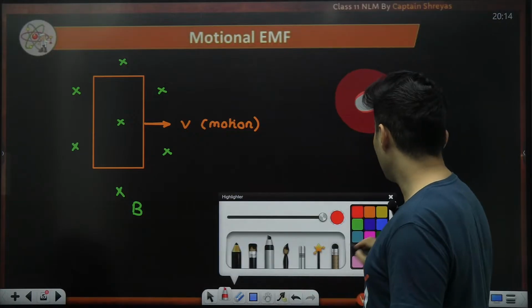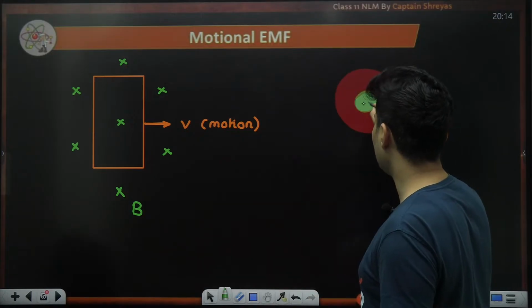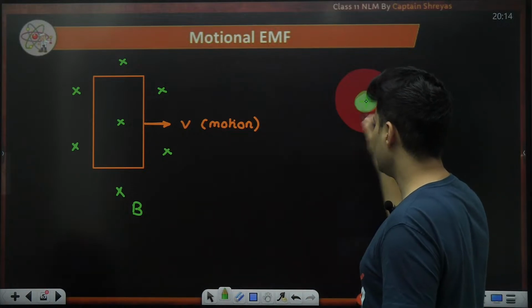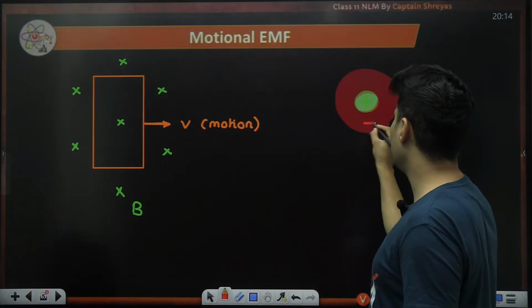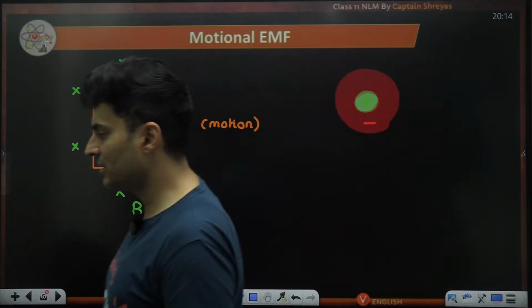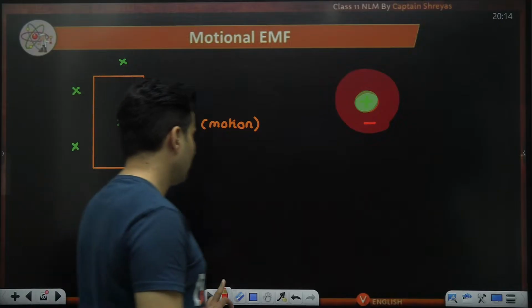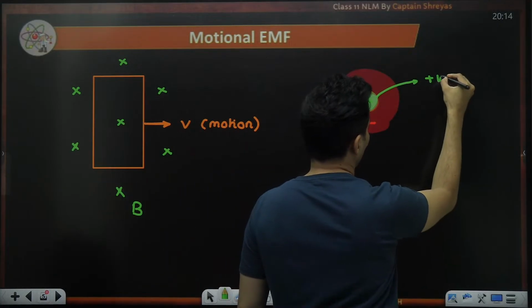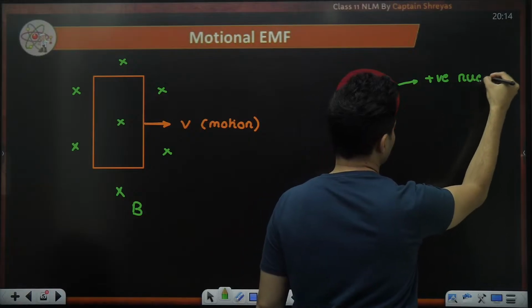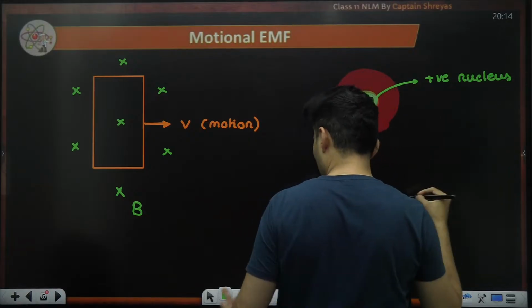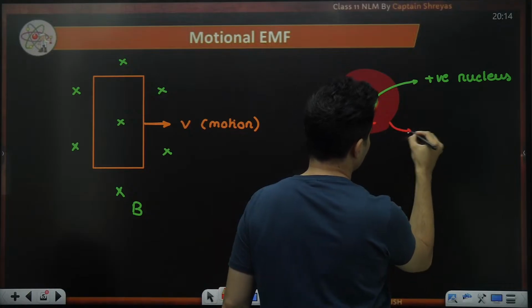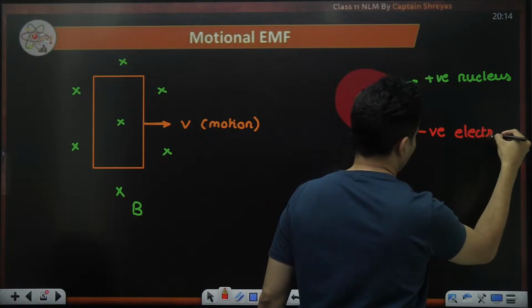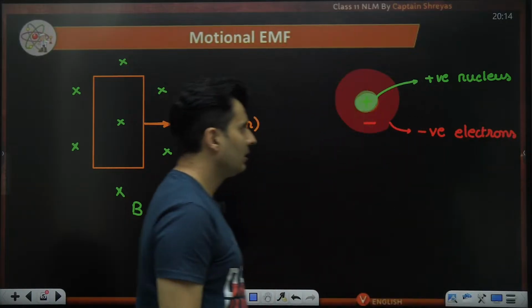The central part obviously is the nucleus, which is positively charged, and this one is negatively charged. The green one is the nucleus, the red one is the electron cloud. So this is the positive nucleus and this one is the negatively charged electrons which are revolving around it.